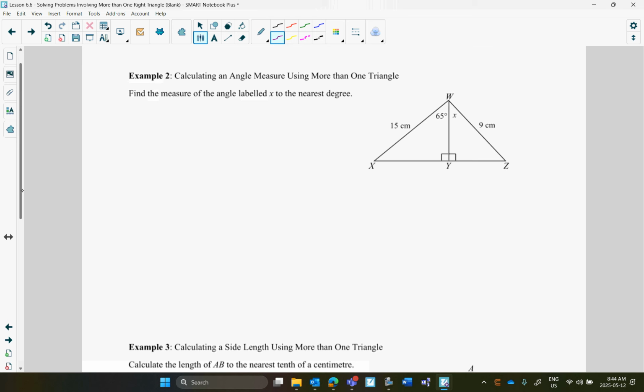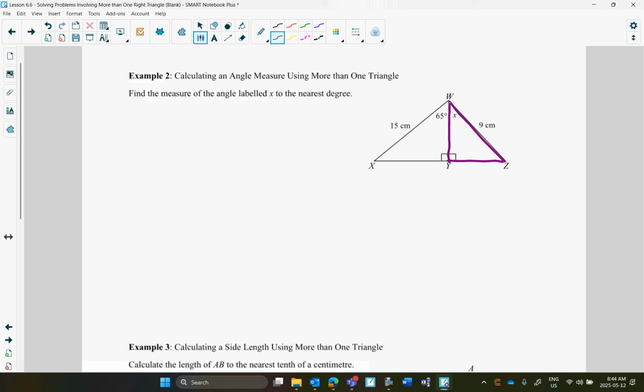Again, we've got two right triangles here. This time we're asked to find the angle labeled X in this right triangle on the right side. If you look at this right triangle, to find an angle, I need two sides, but I'm only given one side. So I can't use trig right now. But can I find something first?